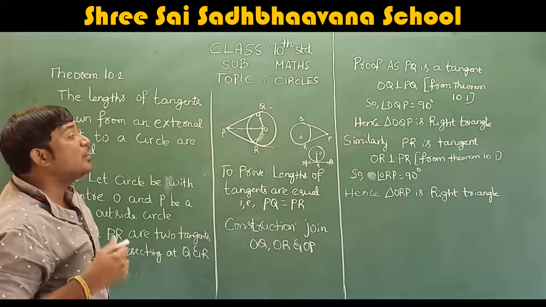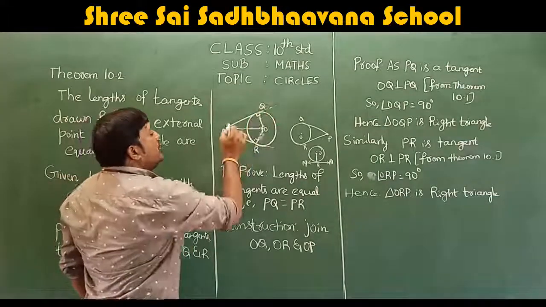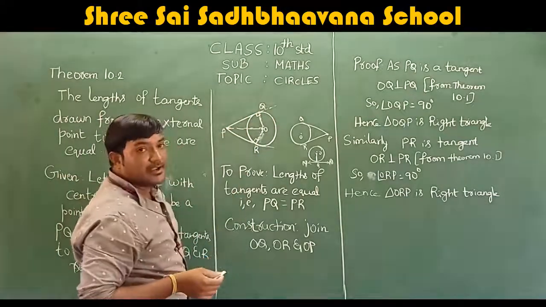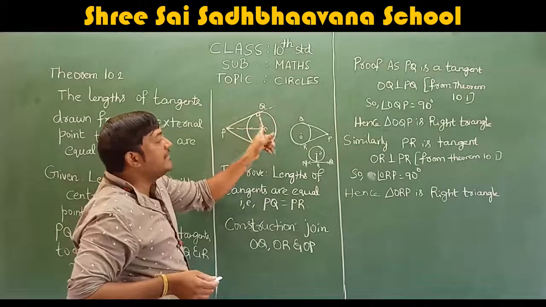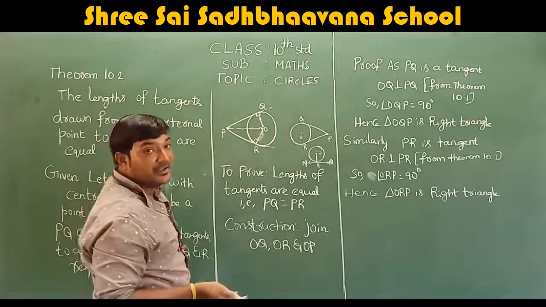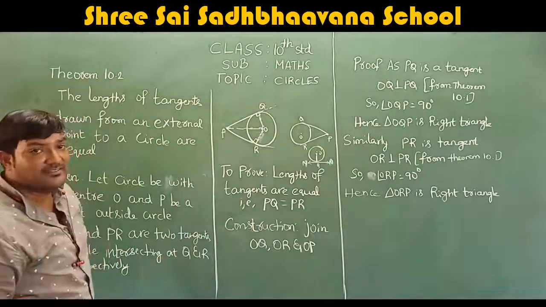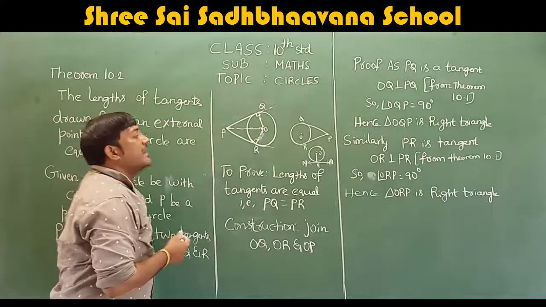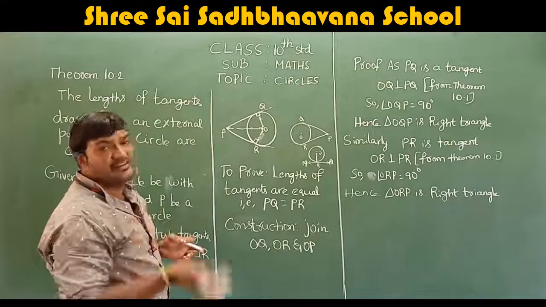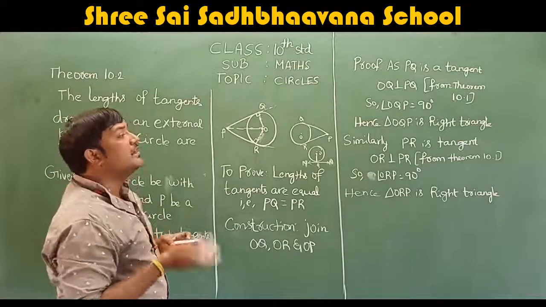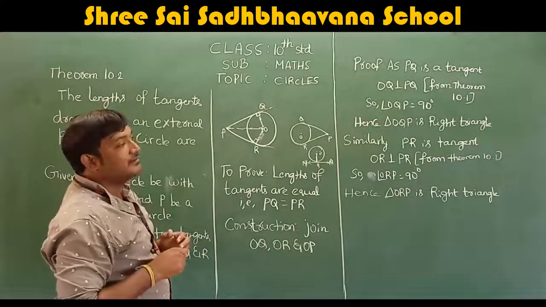So if angle OQP is 90 degrees, can I consider triangle OQP as a right angle triangle? Correct. If one angle in any triangle is 90 degrees, then the triangle is considered a right angle triangle. This is a very basic thing you might be knowing. So triangle OQP is a right triangle, or you can also write it as right angled triangle. Both of them. So we conclude that triangle OQP is a right triangle.